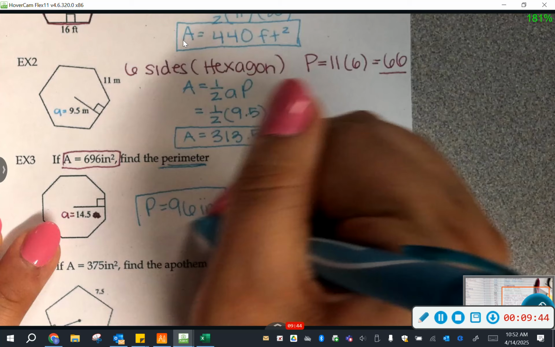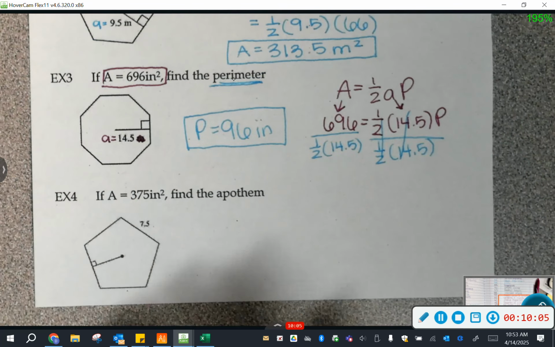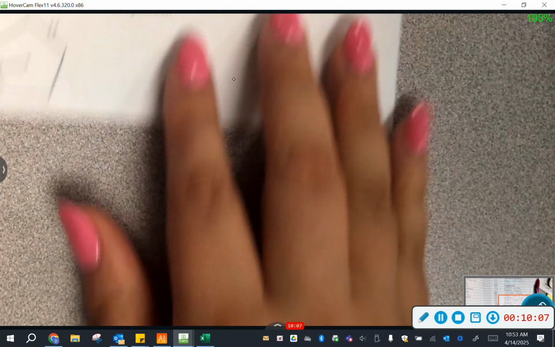I'm done. But what if it had asked for one side? Divide it by how many sides once you know the perimeter. All right, I want you to do example 4. I'm going to give you 1 minute. Be careful. 7.5 does not go in the equation. Last one.